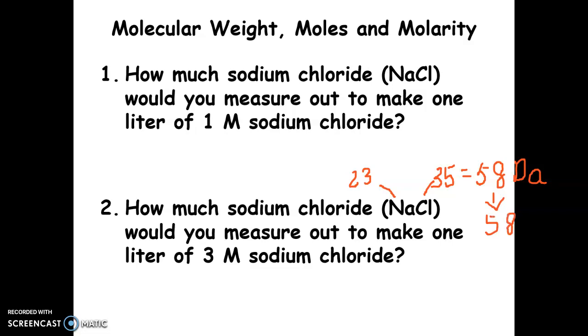Okay. So now, since we know 1 mole of sodium chloride is 58 gram, we want to make 3 molar solution. So all we have to do is multiply this molar weight by 3. So we have 3 moles, right? That's what 3 molarity means. So 3 moles, remember the unit is per liter.